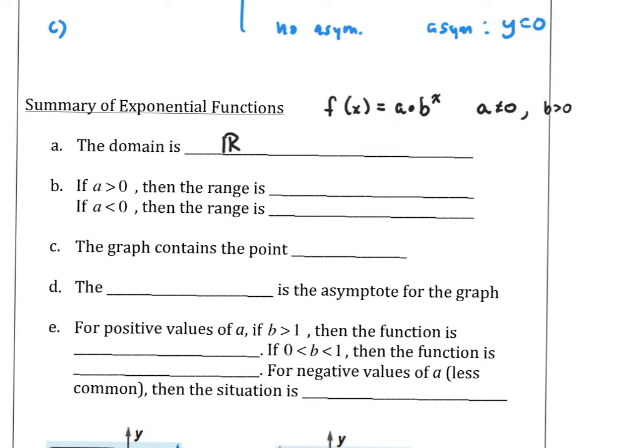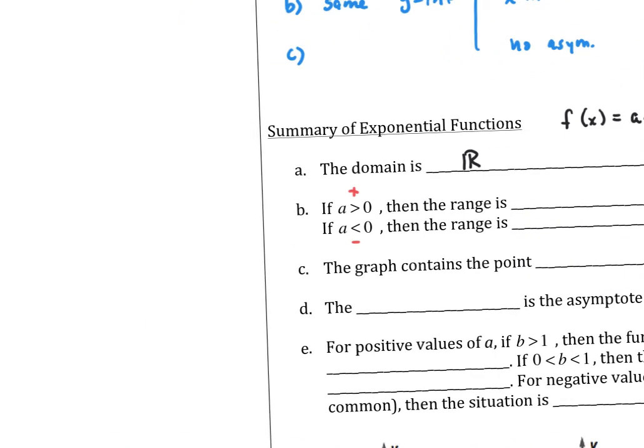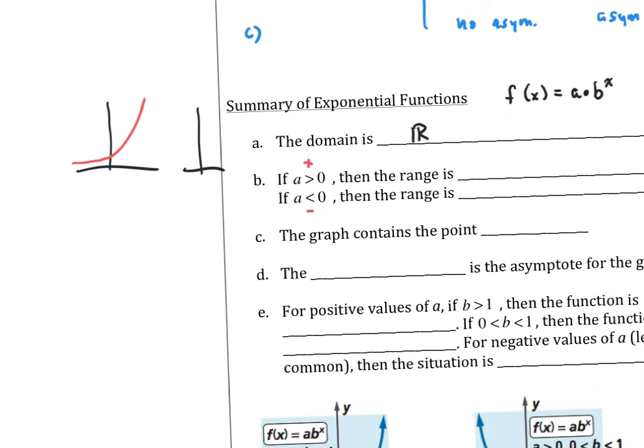Okay, now let's conceptualize this and see what happens. If a is greater than 0, a is positive, and for this one, a is negative. If a is positive, we have two scenarios: we either get this situation like this, or we get this situation like this.